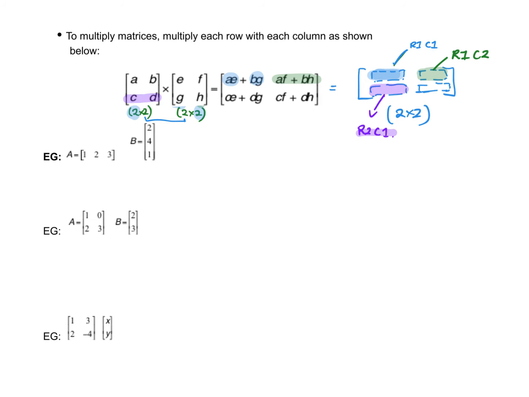So I'm going to be using row 2 with column 1, and that's how they get that answer. And then the last one, it's actually using row 2, column 2, so I'll use row 2, column 2 to get the answer.